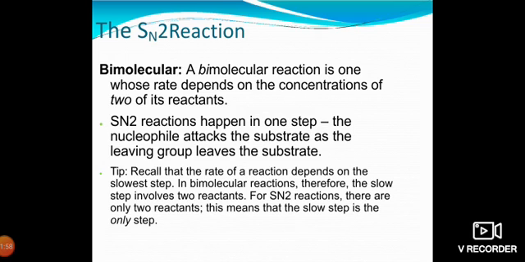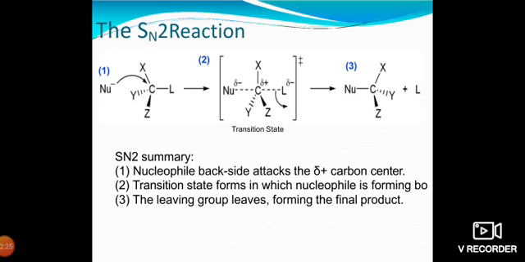The nucleophile attacks the substrate as the leaving group leaves the substrate. When the leaving group is eliminated and the nucleophile attacks, both happen simultaneously in the transition state.